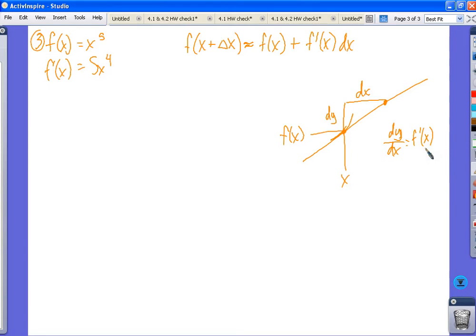Does that make sense? So dy equals f prime of x times dx. That little change in y can be calculated by taking dx, that little change in x, and multiplying it by the slope of this line.